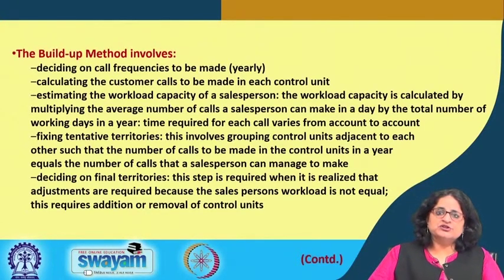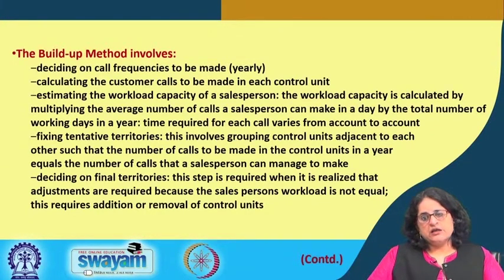You start with the call frequencies to be made yearly, you calculate the number of calls to be made in a control unit, and you estimate the workload capacity of the salesperson, keeping in mind the average number of calls that he can make in a day multiplied by the number of working days he has.